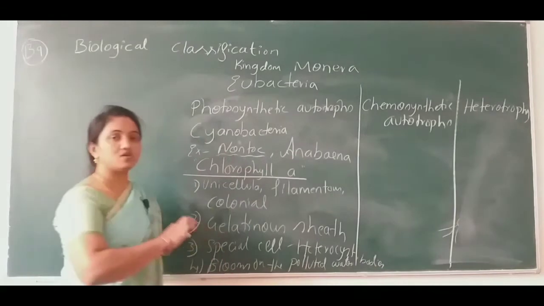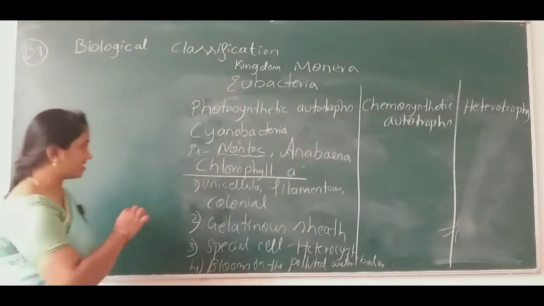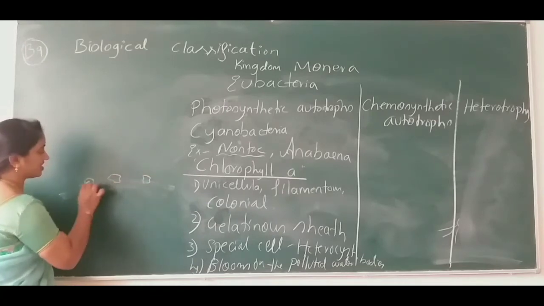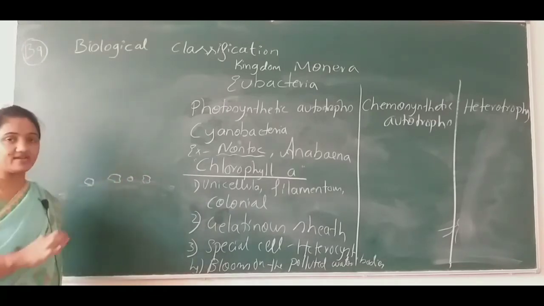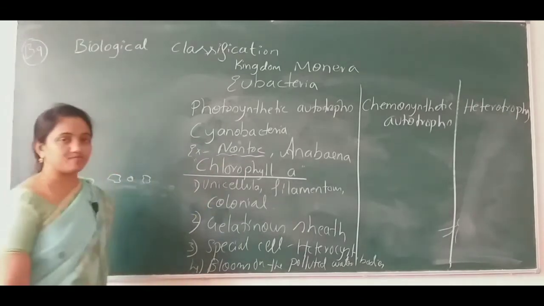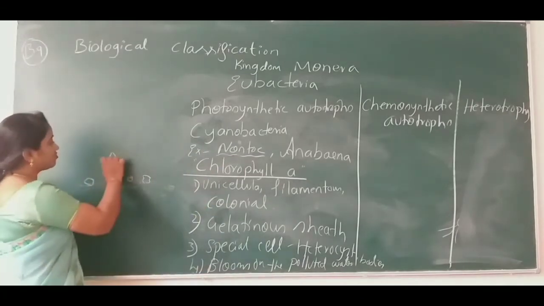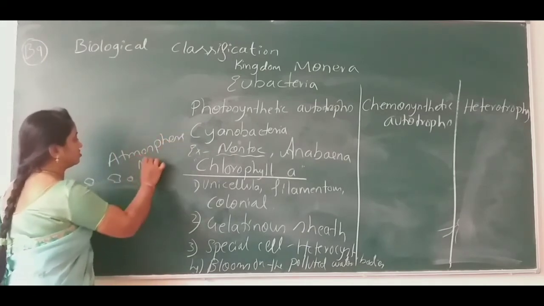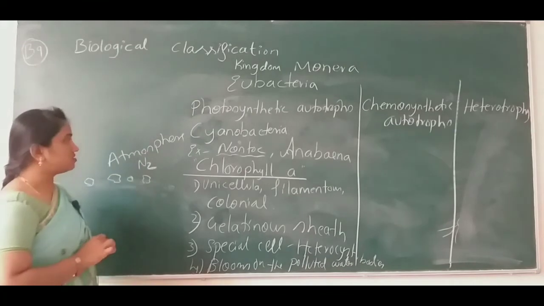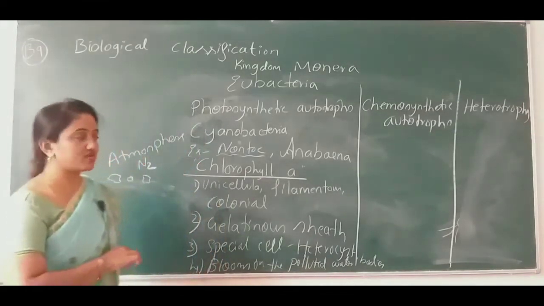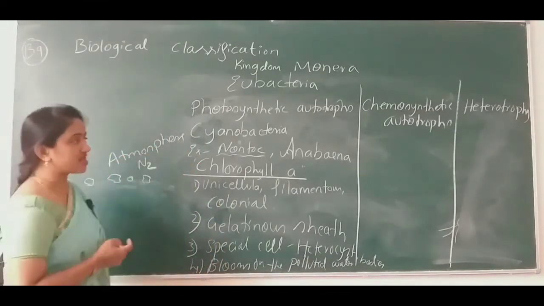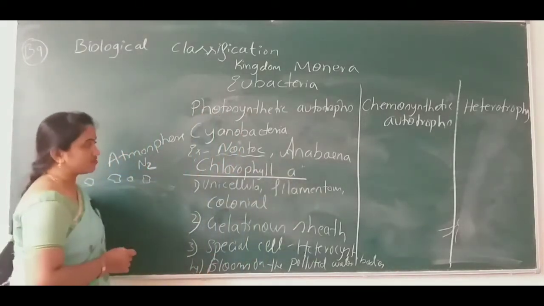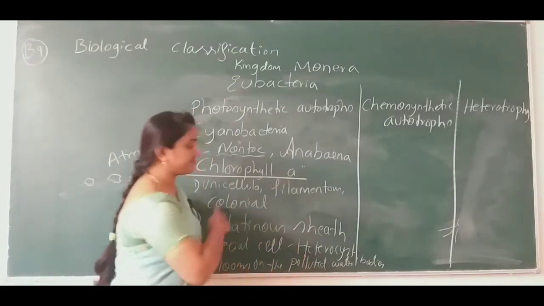If it is a polluted water body, they form this kind of bloom, and Nostoc helps in the fixing of atmospheric nitrogen. Don't worry if you are not getting this. I'll make you understand again in the upcoming chapters. Just concentrate on these features.